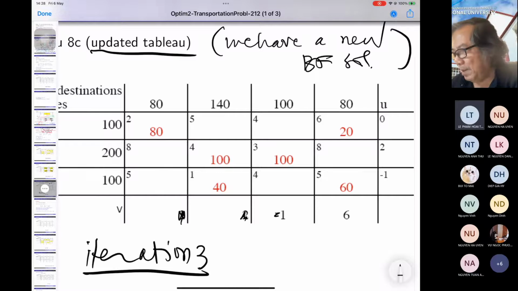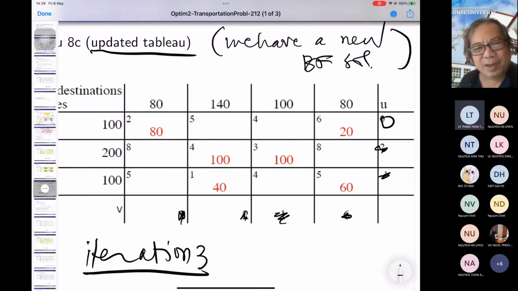Suppose that you don't have anything here, have everything here. U1 is 0. Is that okay?